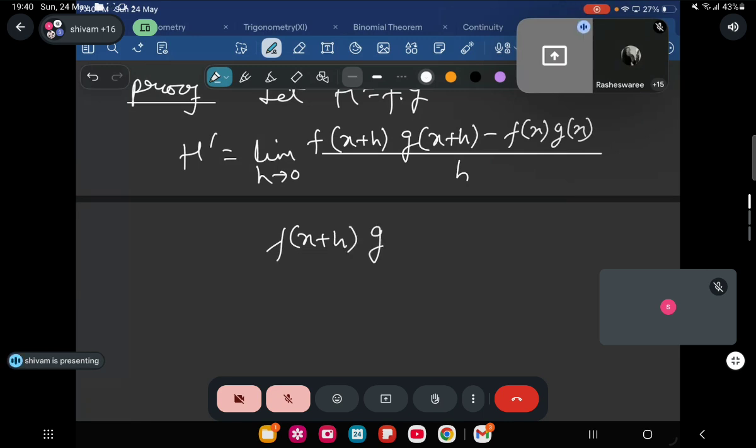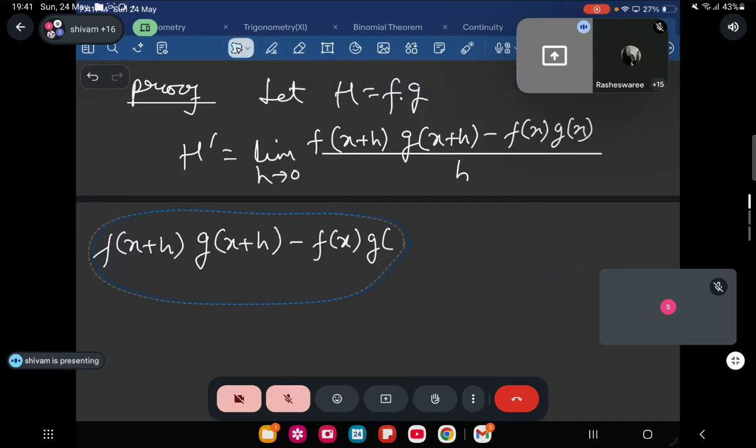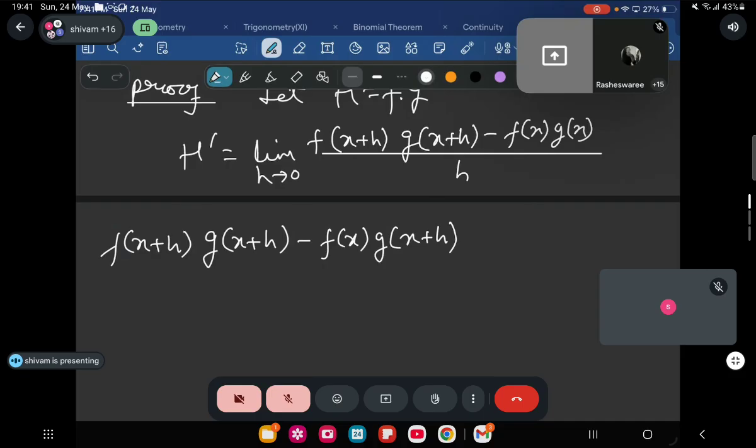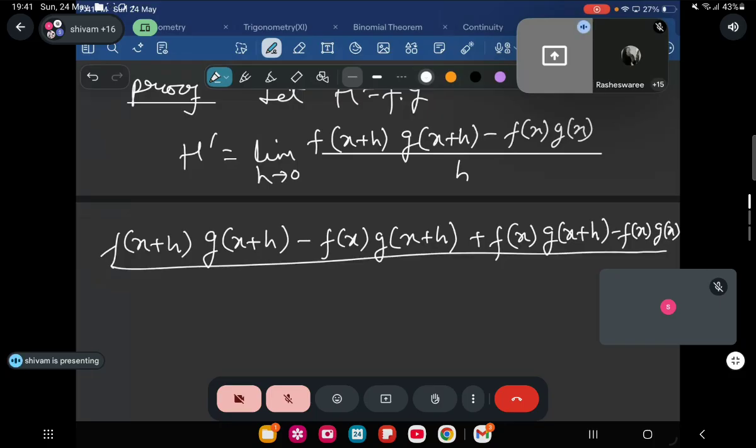Okay, can I subtract f of x into g of x plus h? Yes. So since I have subtracted this, I am going to add this one, plus f of x into g of x plus h, minus f of x into g of x. Tell me, did you understand what terms I've added and subtracted? Anyone having any doubt, you can ask me. Divided by h.